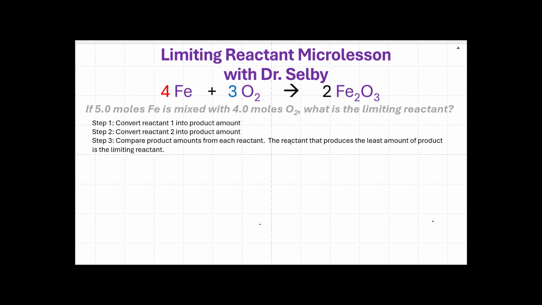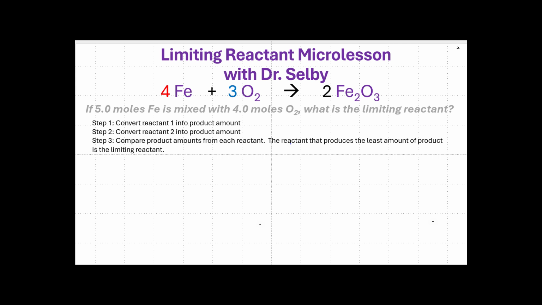Then we're going to convert reactant 2, so the number of moles of O2, into a product amount. And then we're going to compare the amounts of product given from each reactant from our calculations in steps 1 and 2. The reactant that gave the smallest amount of product would be our limiting reactant.